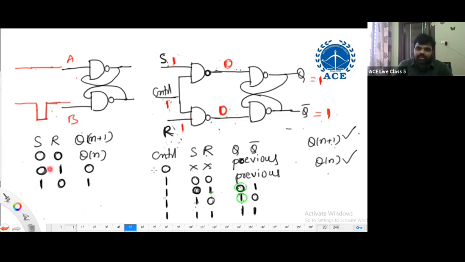When SR is 0, 1, irrespective of Q of n, Q becomes 0. When SR is 1, 0, Q becomes 1. Correct? Is there any doubt in this?